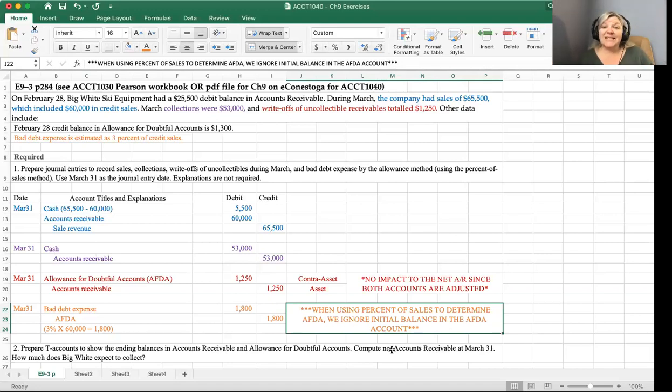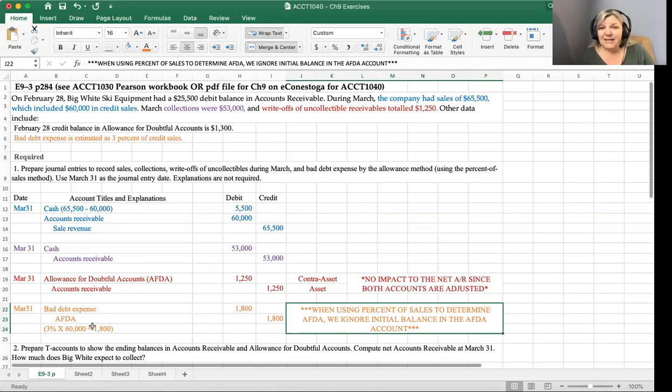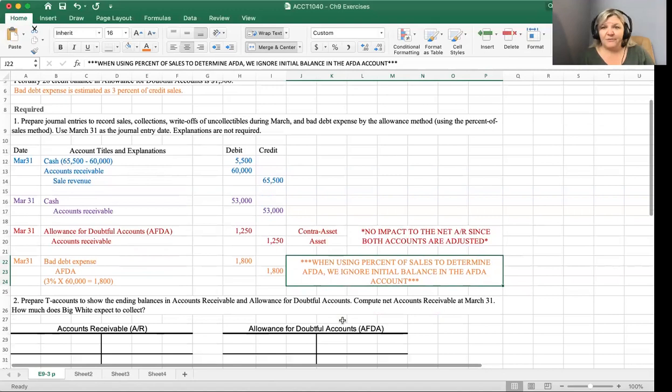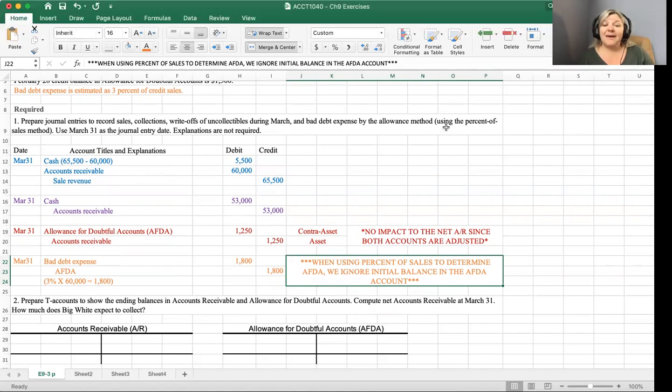When we're using percent of accounts receivable, for example, we care what's in the allowance for doubtful accounts initially. However, when we use percent of sales, we don't. We just do a straight calculation: 3% times the 60,000 gives us our entry. So again, that little note there you can make for yourself in your study notes. When we're using percent of sales to determine allowance for doubtful accounts, we ignore the initial balance in the allowance for doubtful accounts account.